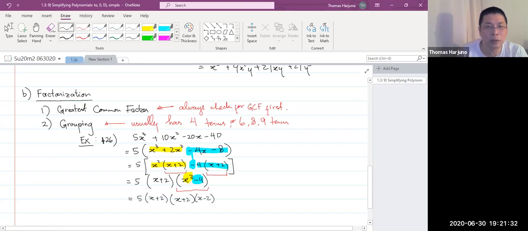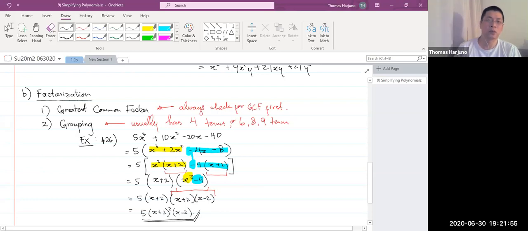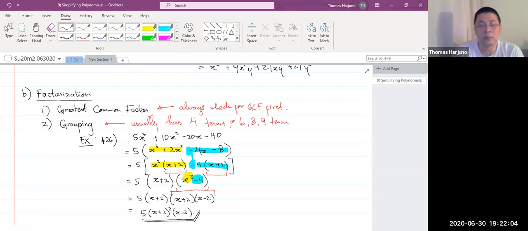I think this is simple enough for you to see. Then this is 5 times x plus 2 squared times x minus 2. So the principle of factorization: as long as you can factor further, you have to factor further.